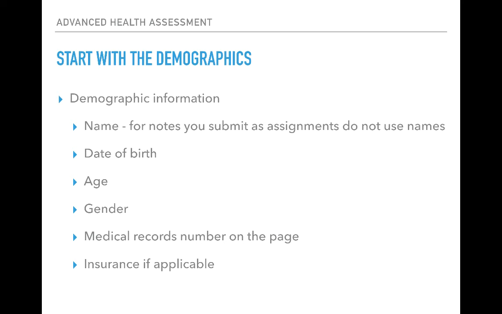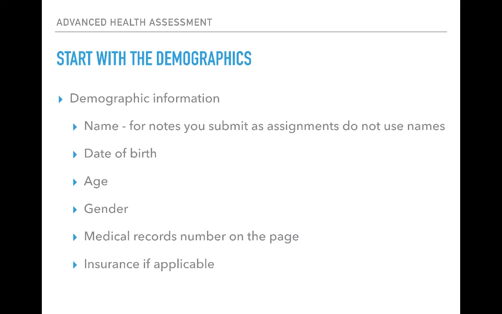When you start your note, it's always best to start with the demographics. The demographics are the patient's name. However, when you're writing SOAP notes for class on real patients, please never, ever, ever put the patient's actual name in the note. We want to make sure that their confidentiality is maintained.